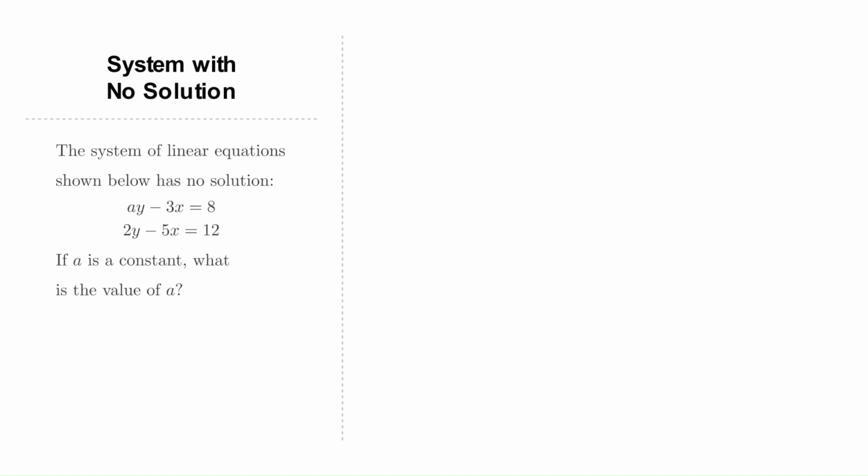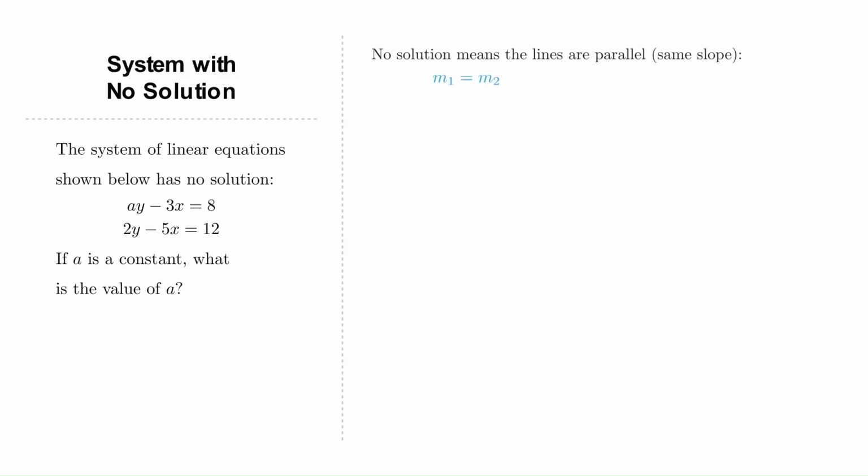Now, we will determine a missing constant in a system of linear equations that has no solution. We are told that this system has no solution, and we need to find the value of the constant a. For a system of linear equations to have no solution, the lines must be parallel, which means they have equal slopes.